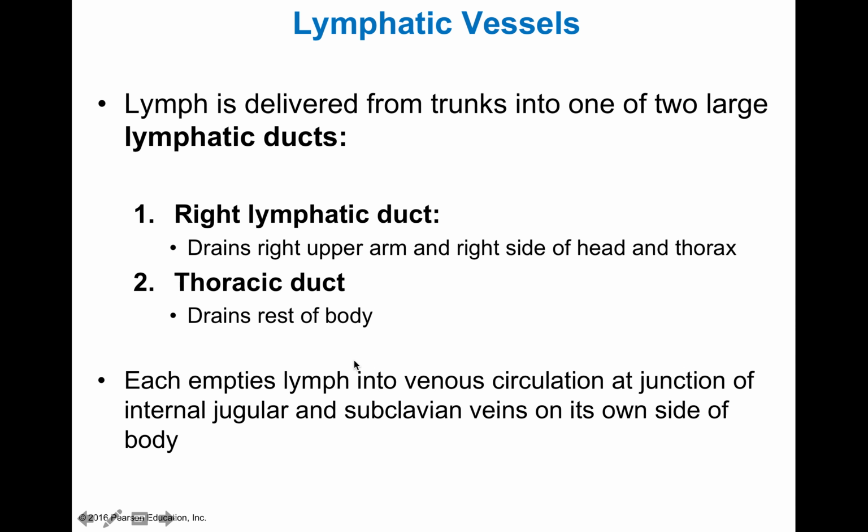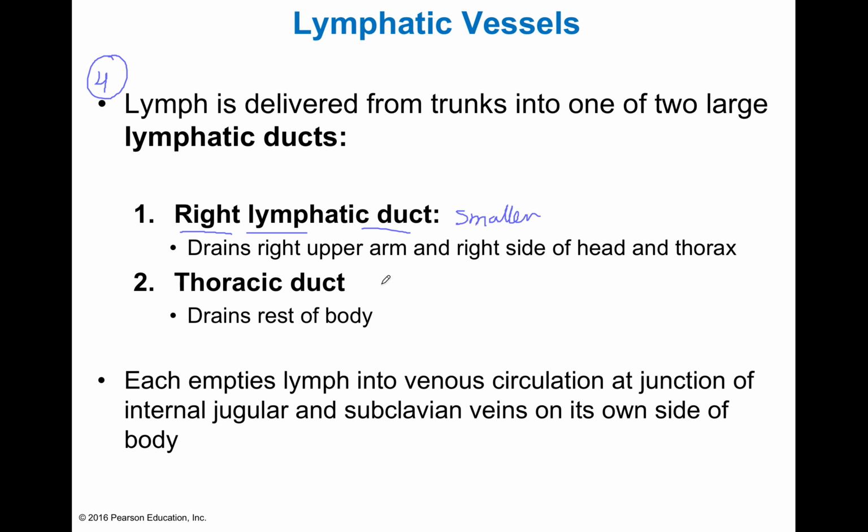Now, after lymphatic trunks, you get to the largest category of lymphatic vessels, which are referred to as the lymphatic ducts. And there are only two major lymphatic ducts. One is referred to as the right lymphatic duct. This is the smaller one of the two.